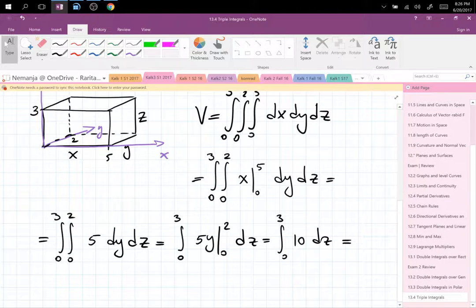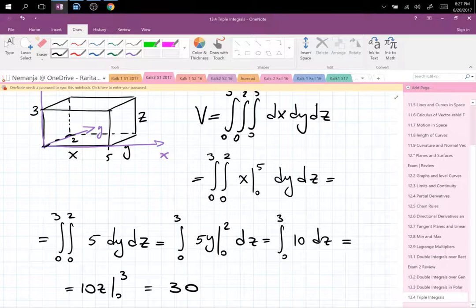And then we integrate this one out, and finally get 30, which we could have done earlier. 5 times 2 is 10, times 3 is 30 for the box. But this is just in case someone asks you why, right? So now you know why.